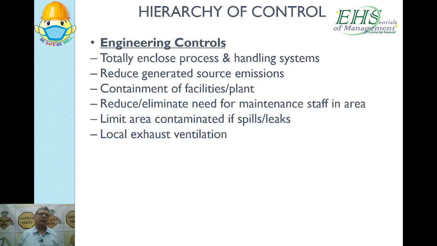So these are all different engineering control methods we discussed. So after elimination, after substitution, if the risk remains, if you want to bring down the risk more, then you have to use the engineering controls, which we discussed in an exhaustive manner.